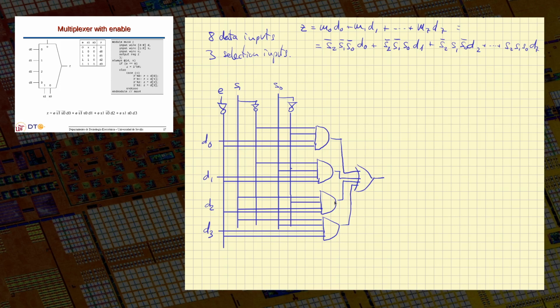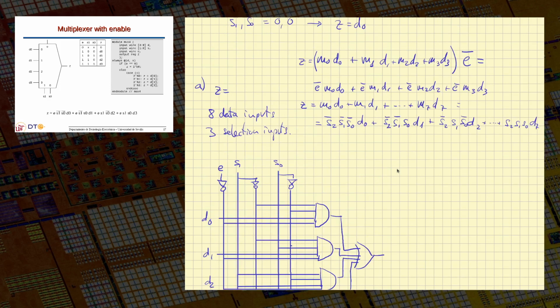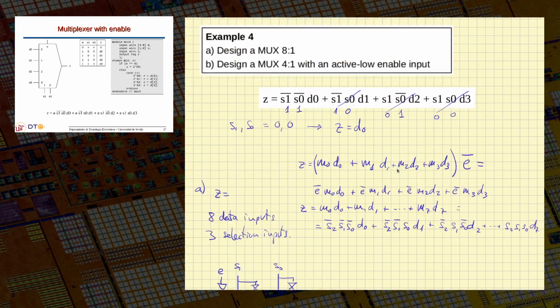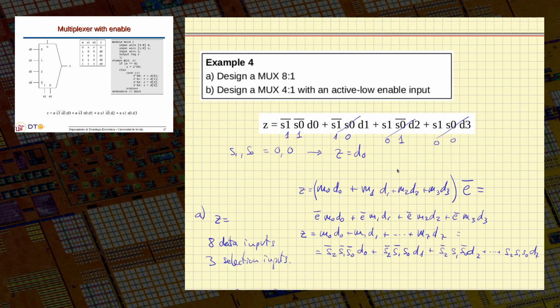Again, the main purpose of this example is to show how the multiplexer has a function that we can see at the high level. It's a selector. It's a very useful device. It's my favorite combinational digital device. It's very, very useful in many applications that we will see along the course.